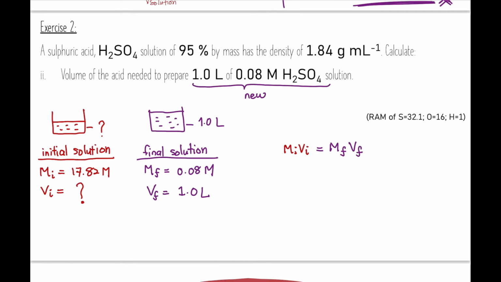Just substitute the values. Initial concentration is 17.82 molar times the initial volume needed, equals to the new concentration of the new solution, which is 0.08 molar, times the final volume, which is 1 liter.